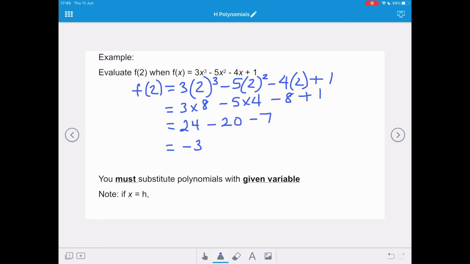Now, you must substitute polynomials with a given variable, so note if x equals h, then we can write f of h equals 3h cubed minus 5h squared minus 4h plus 1 for the above function.